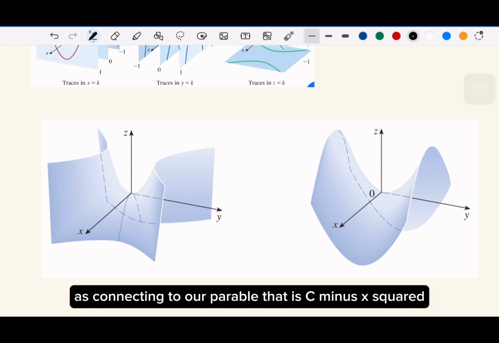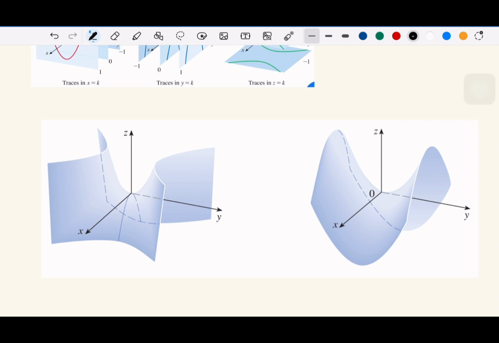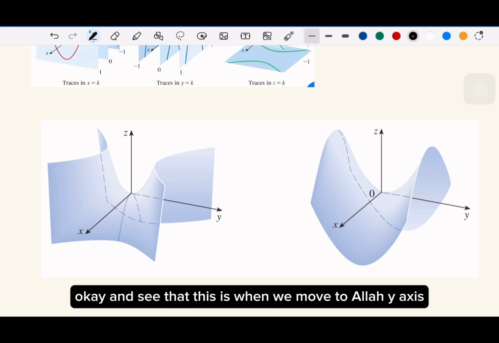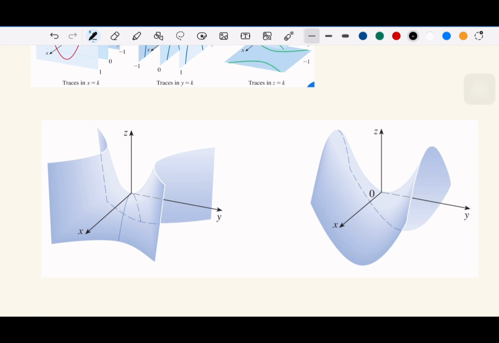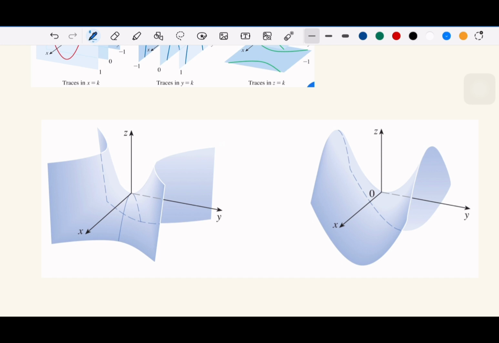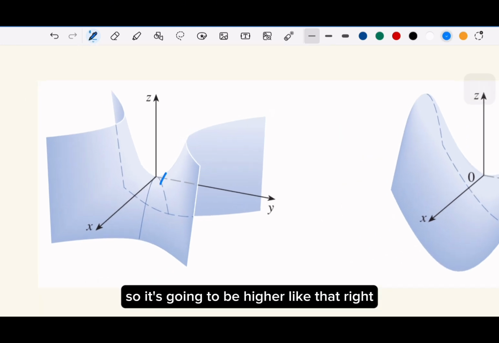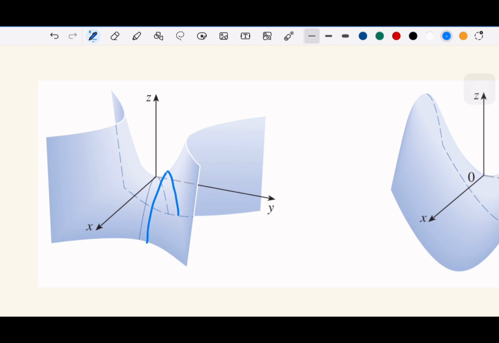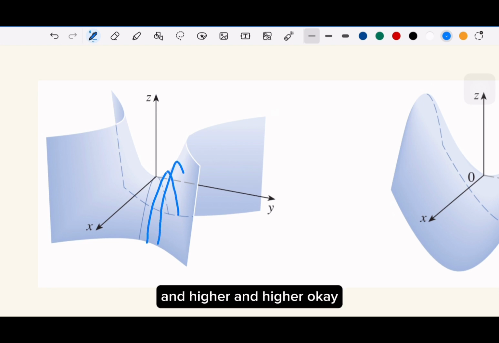It's connecting to our parabola, that is z equals negative x squared. When we move along the y-axis, we see that it's going to be higher, and higher, like that.